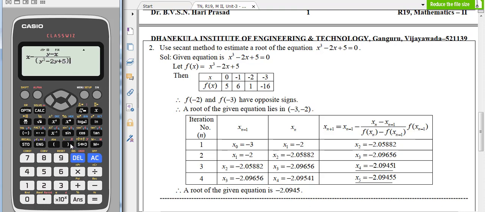It is f of y minus f of x, which means we need to type x cube minus 2x plus 5.